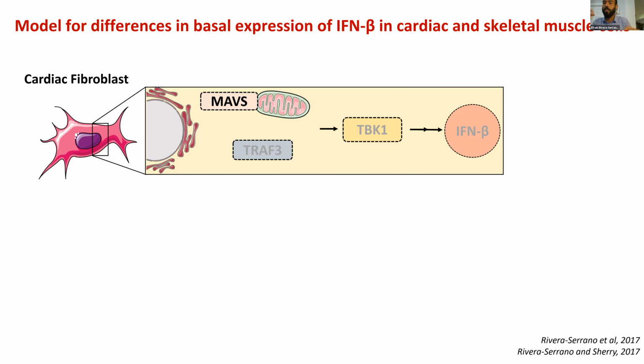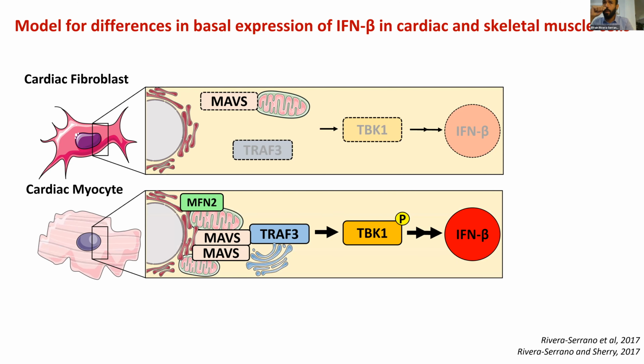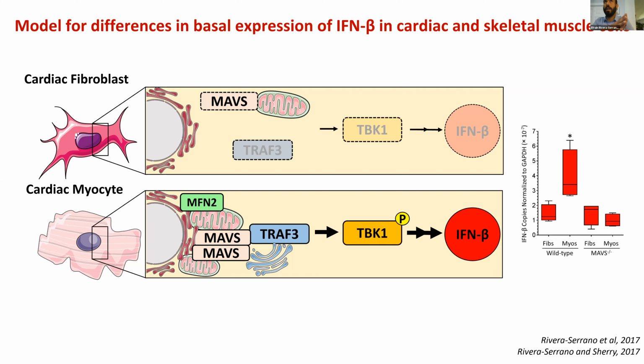There's no reason for it to produce interferon pre-infection. Now, in the cardiac myocyte, this pathway is activated. We mapped the mechanism as to how this happens, and it all happens at the level of the mitochondria and this protein called MAVS. So this whole pathway is active in cardiac myocytes, leading to the production of interferon.